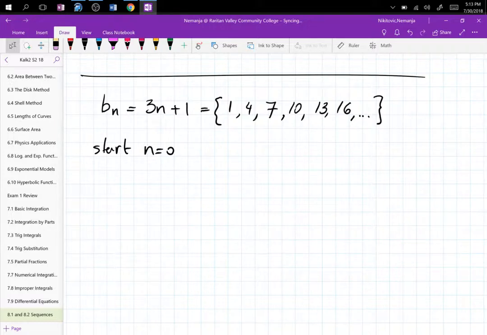So with or without 0, depending on the case, and the problem will tell you to start at 0 or start at 1, if you are to expand any of these things. Now, the question is, how do we go back? Can we somehow deduce the formula if the numbers are given to us?